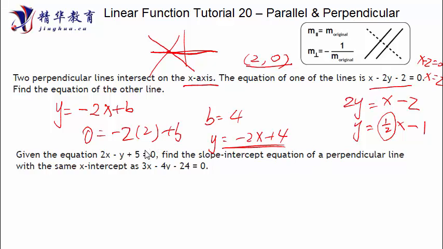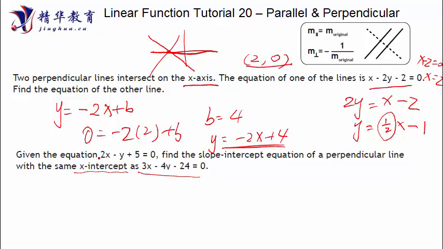Our line is going to be perpendicular to this line, so we can find the slope, right? Also, since our line and this line have the same x-intercept, we can use this x-intercept information to find the x-intercept here and then apply it to our equation.